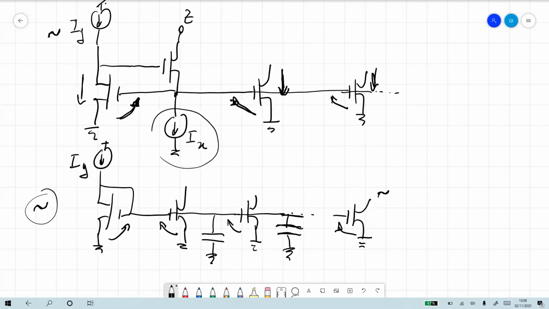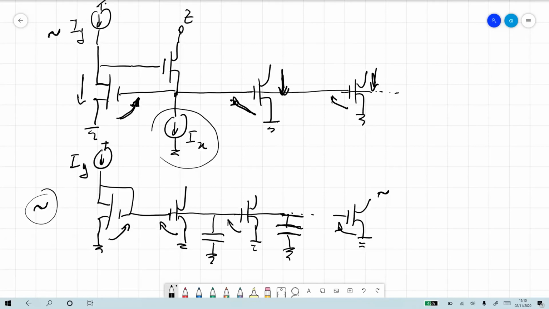And so the output will actually be a slowed down version or a corrupted version of the input. If your signal has to both represent the signal that you want to process, but also charge and discharge all these capacitors, you're going to be in deep trouble because if you have many of them, it's just going to be washed out. If it's picoamp currents and you're going at even a few kilohertz, it's just going to be a smooth, washed out thing. So the normal current mirror in that case does not work.